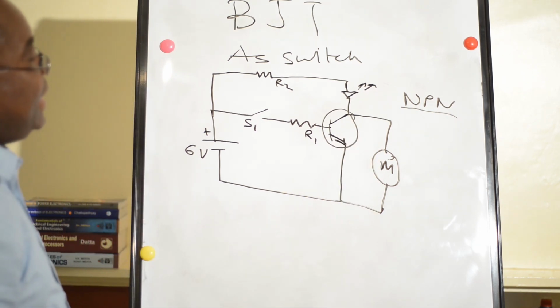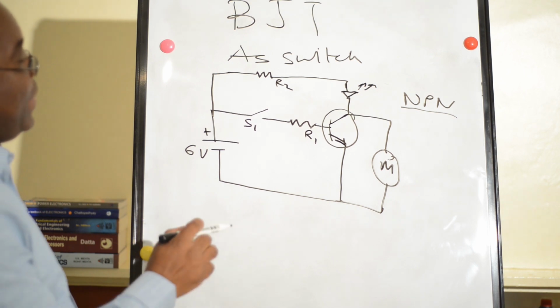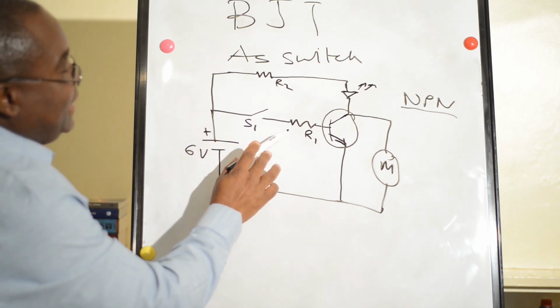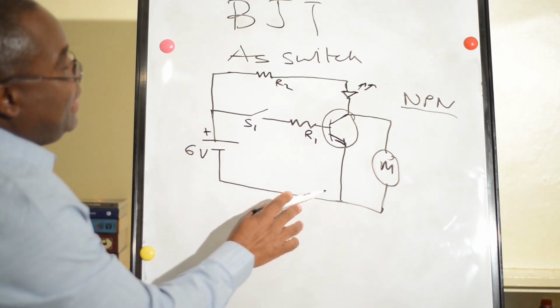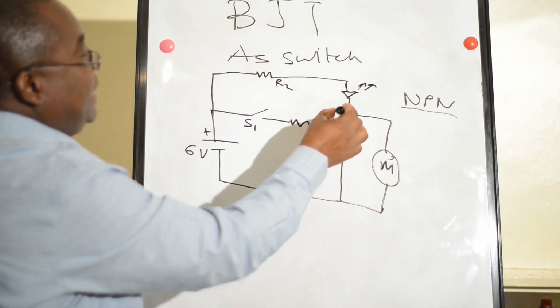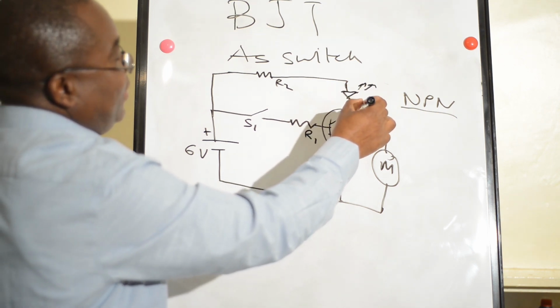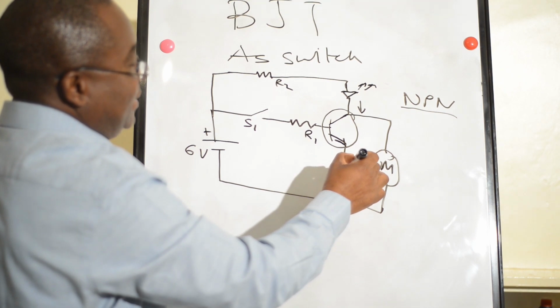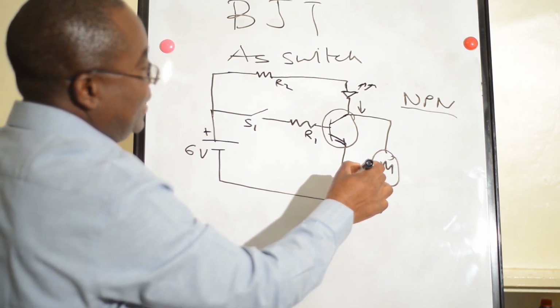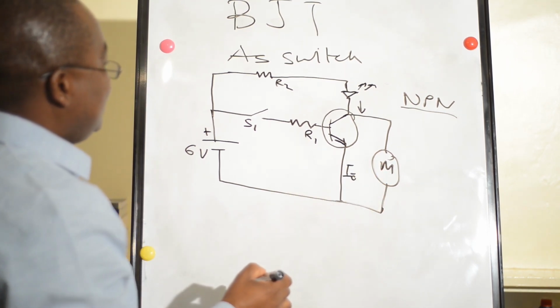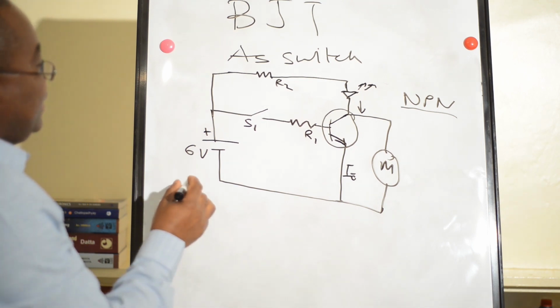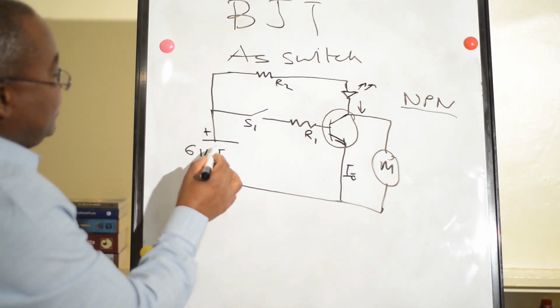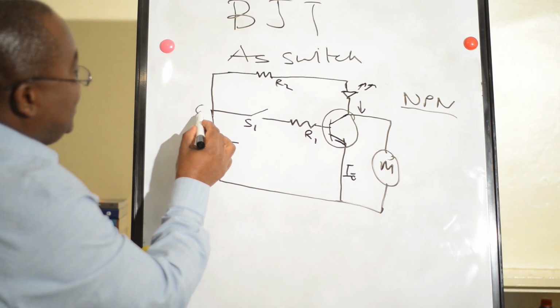Why do we say it is a switch? When we apply a small current here, then the large current will flow from the collector side to the emitter side. So if here is 6 volts, then this point will be 6 volts.